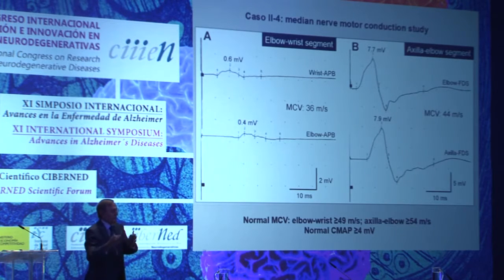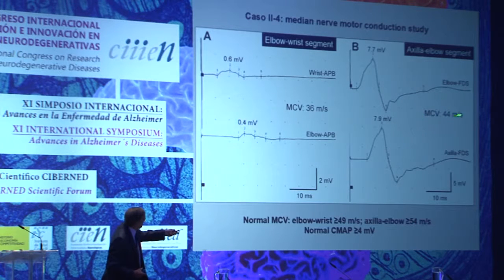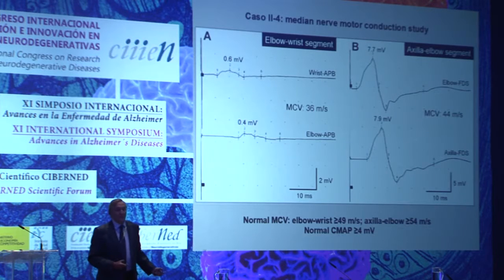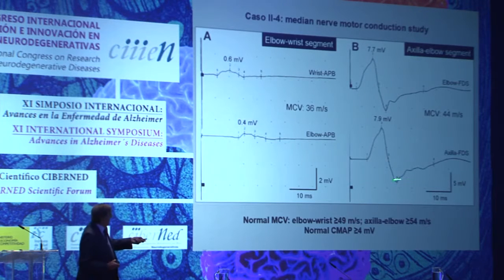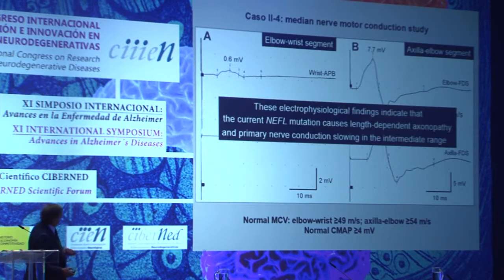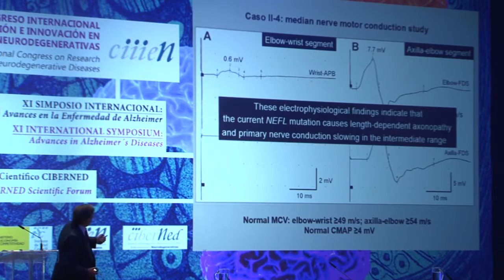These are normal motor potentials, but motor conduction velocity is 44; for this segment, normal values are over 54 meters per second, again in the intermediate range. And we cannot state that this slowing can be attributed to reduction of Cmax because the amplitudes are completely normal. These electrophysiological findings indicate that the current NEFL mutation causes length-dependent axonopathy and primary conduction slowing in the intermediate range.